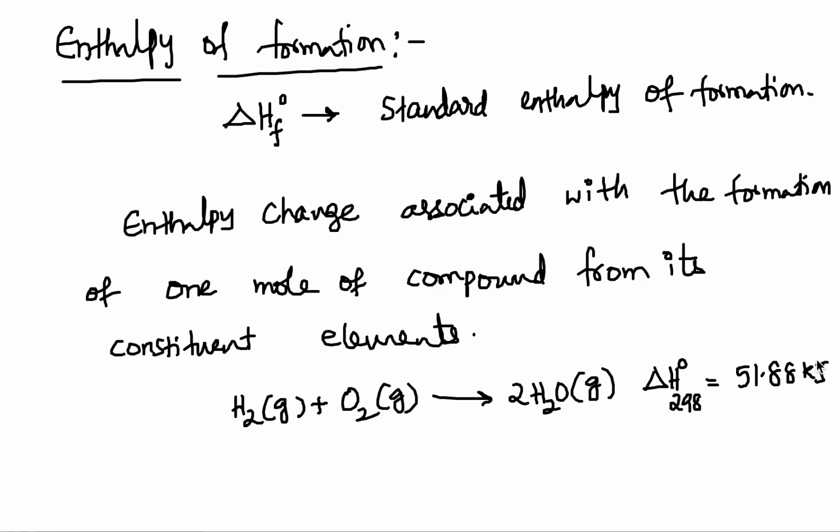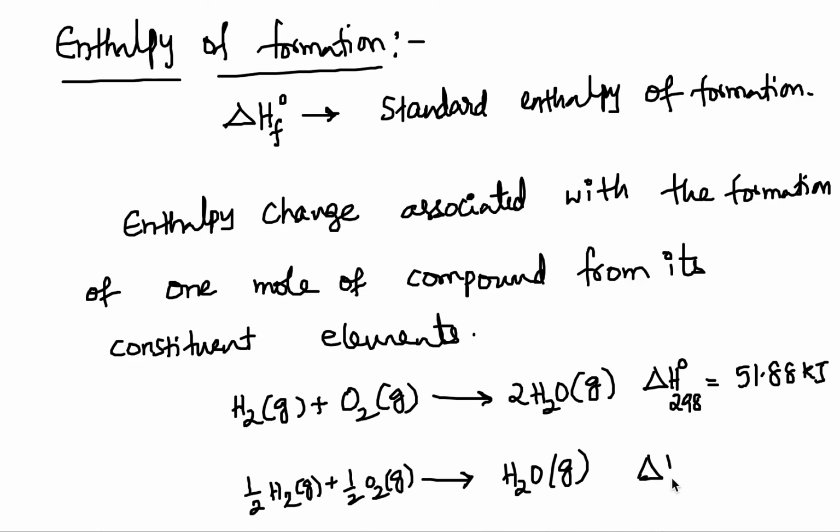Do we call this 51.88 kilojoules the heat of formation of water? No, because here water is formed in 2 moles. As per the definition, the compound must be formed in 1 mole. Therefore, to form 1 mole of water, we should use half a mole of H2 gas plus half a mole of oxygen gas. Now delta H is exactly half of this, that's going to be 25.94 kilojoules.